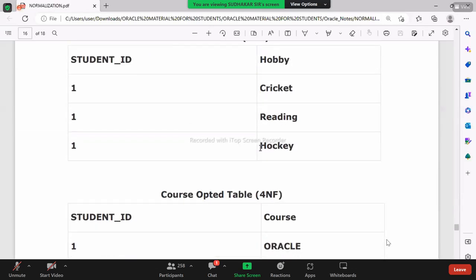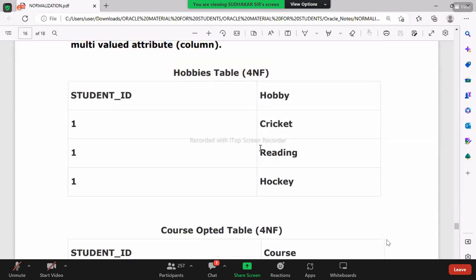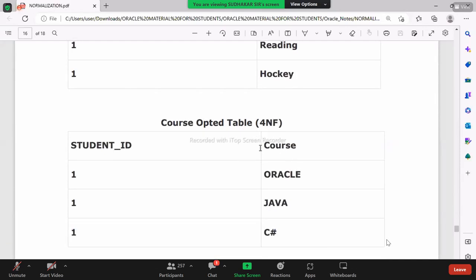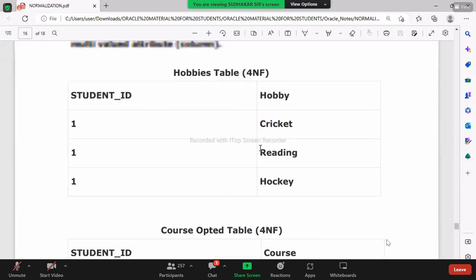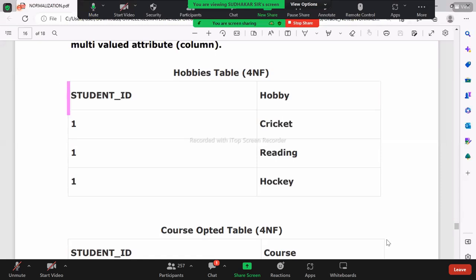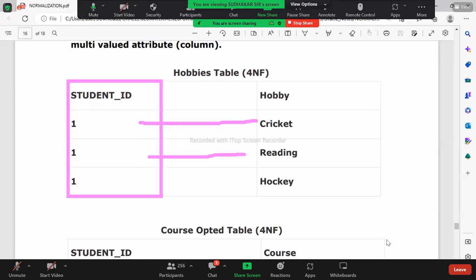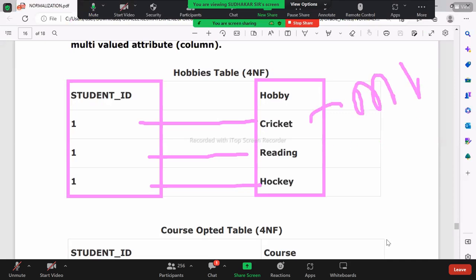One table I'm creating is the hobbies table. One table I'm creating is the course table. Now in the hobbies table, you can see student ID, same one column, same value. It was compared with the multiple values of another column. This is what we call a multi-valued column.